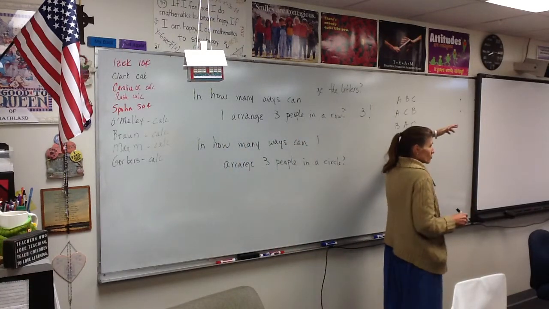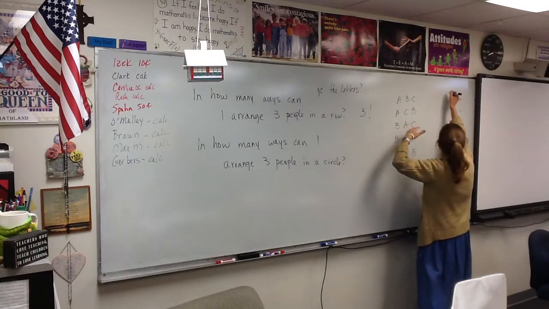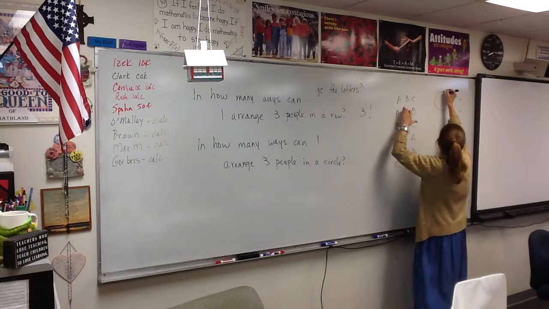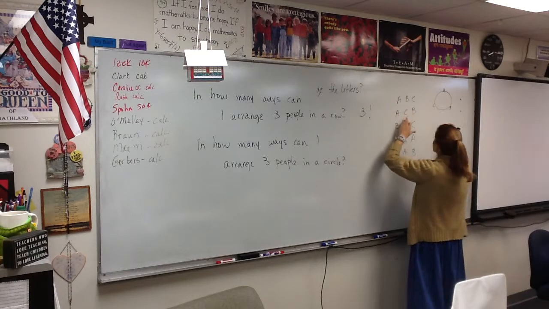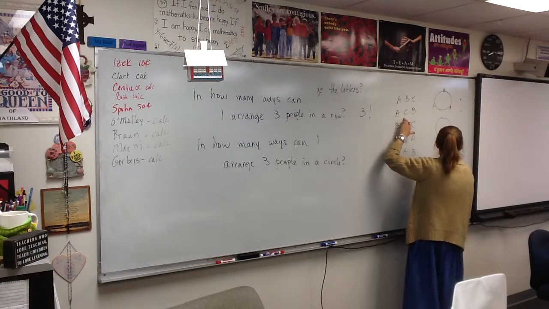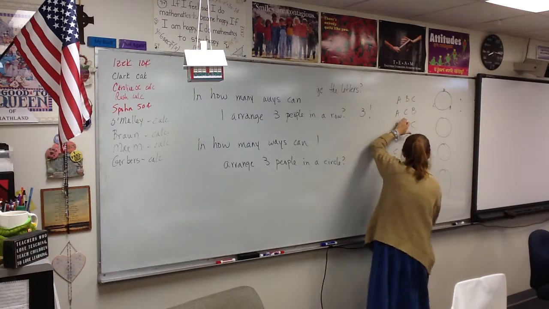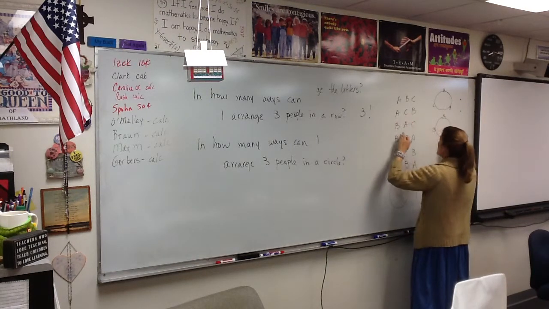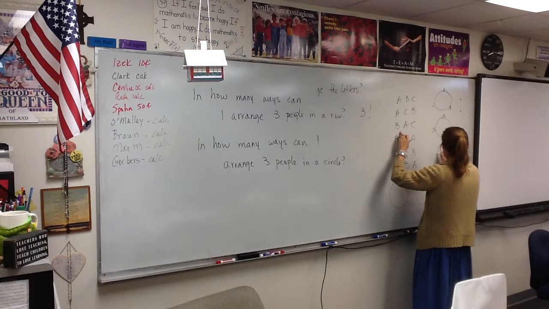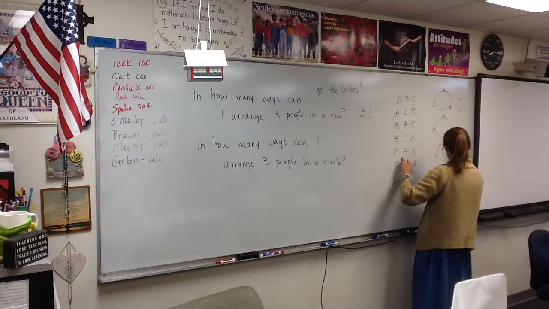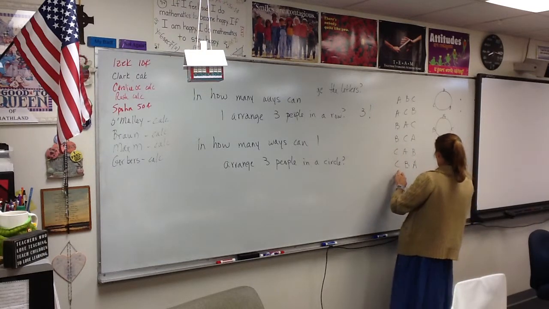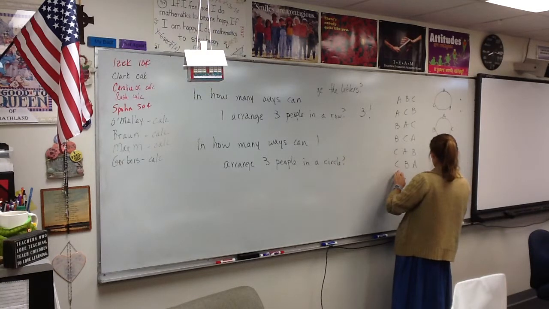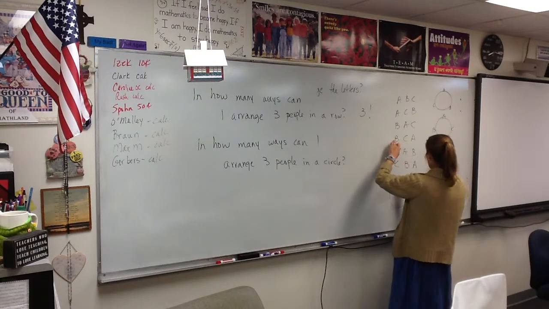It's going to look more like a triangle, but it's like a circle, okay? So my circle, I'm going to have A, B, C. And here are my 6 patterns. So then I'll have A, C, B, B, A, C, C, B. Oops, I skipped one. Which one did I skip? BCA, thank you.